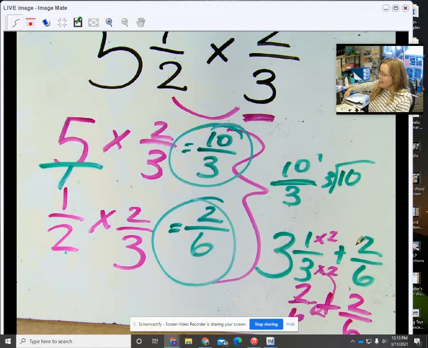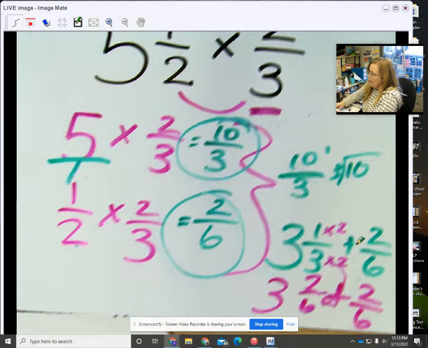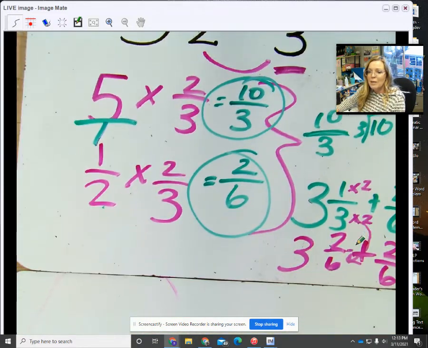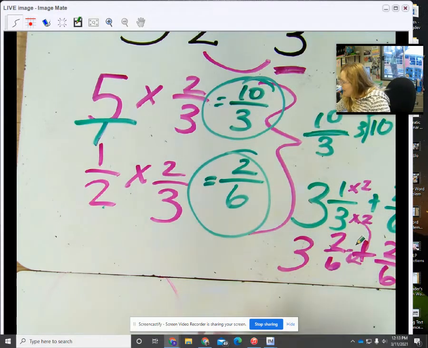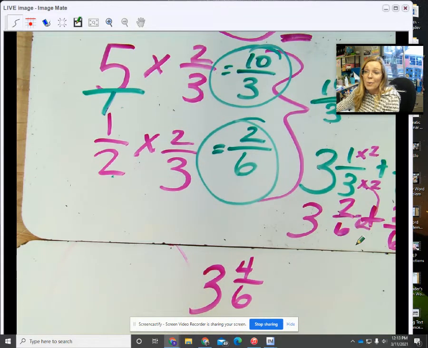Okay, now we're getting down to the nitty-gritty. And I keep my whole number of 3 that I'm going to add in the mix. So I should see that I have 3 and 2/6 plus 3 and 2/6. And some of that math I can do in my head. And that would give me 3 and 4/6, which I cannot leave as my final answer. Why, people?